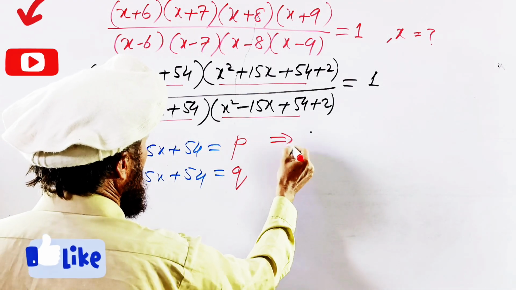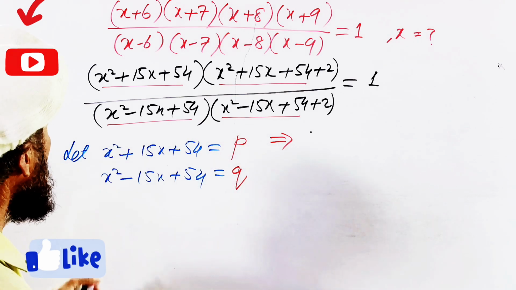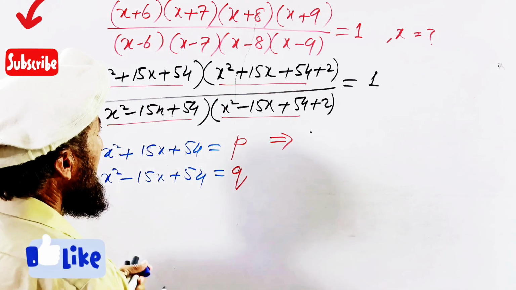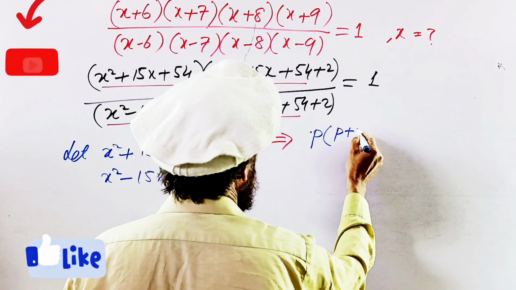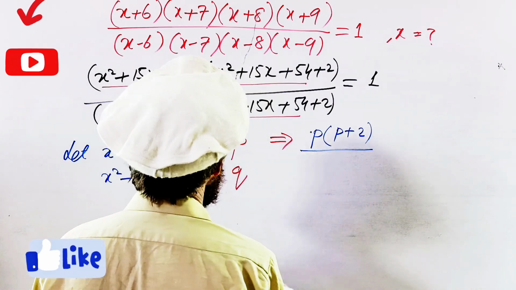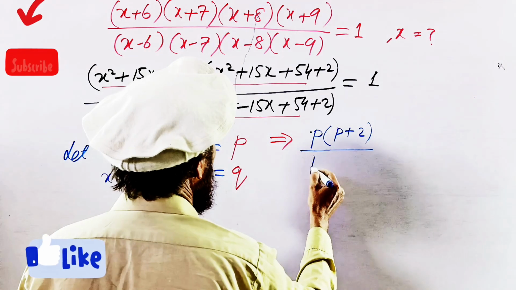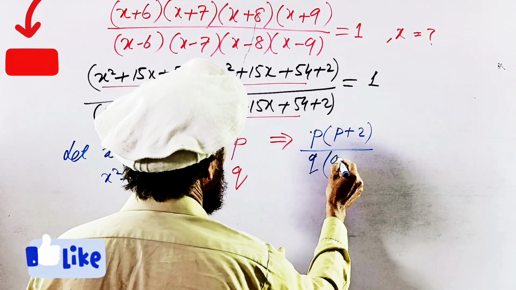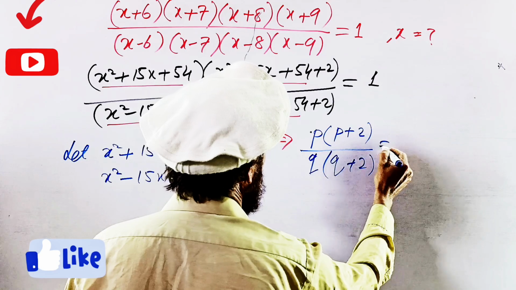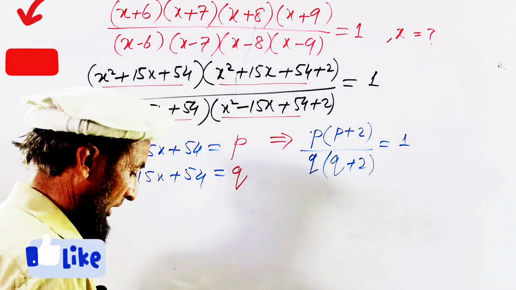So the equation reduces to the form p into p plus 2 divided by q into q plus 2 is equal to 1.